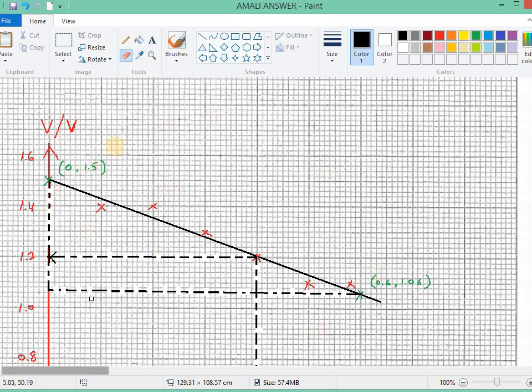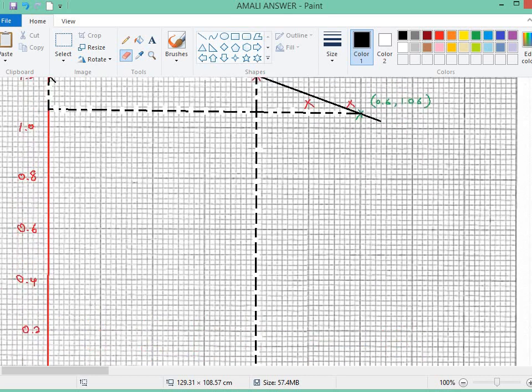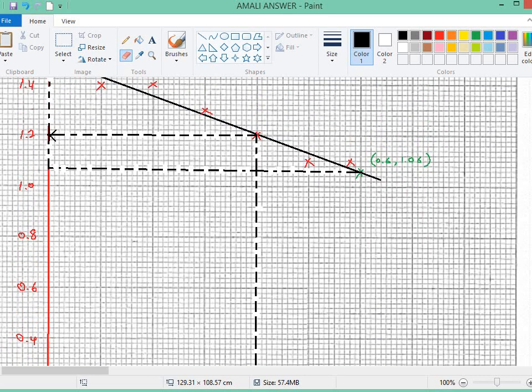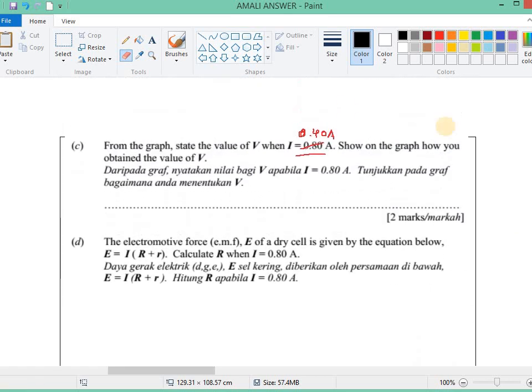Okay, all right. So you show this interpolation line, then you will get 1 mark for this line that you draw. Then you write the reading: 1.2 volt. Okay, when 0.4 ampere is 1.2 volt.